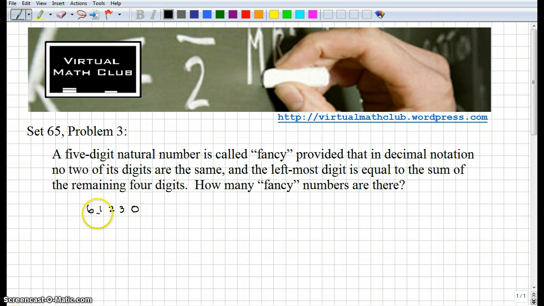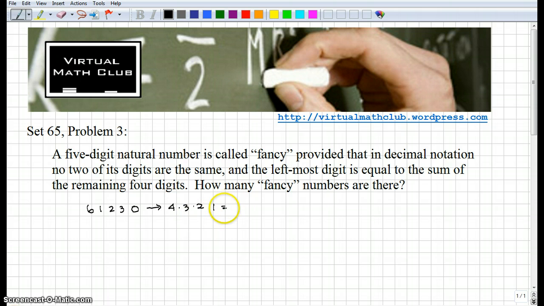So, given this fancy number, we can create some more fancy numbers just by rearranging these last 4 digits. They're all different digits, so how many ways do we have to arrange them? We'll have 4 choices for the thousands place, 3 choices for the hundreds place, 2 choices for the tens place, and 1 for the units place.